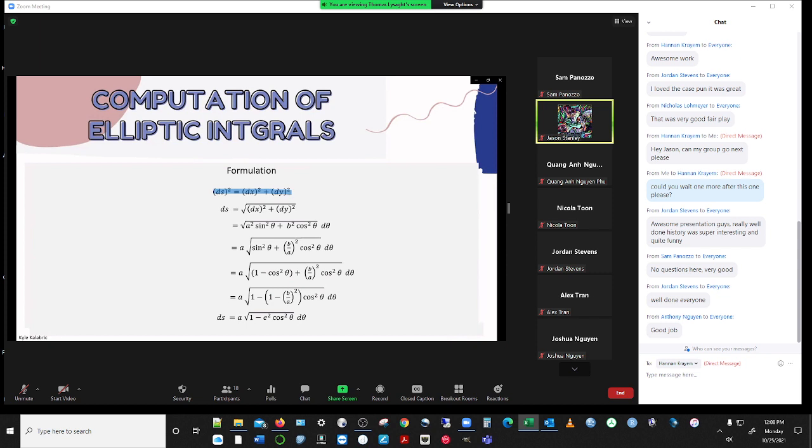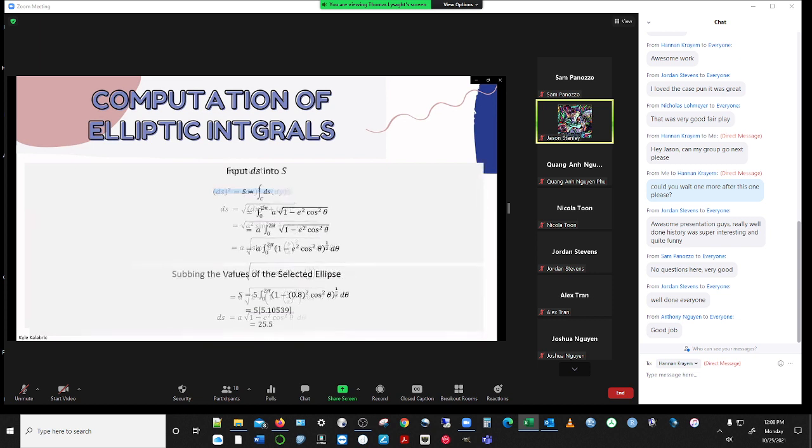We then replace this within our solution with eccentricity e to get the formula a times the square root of 1 minus e squared times cosine squared theta, all multiplied by d theta. This formula can be inputted into the integral, which will be in terms of the parameter theta, which goes from 0 to 2 pi.